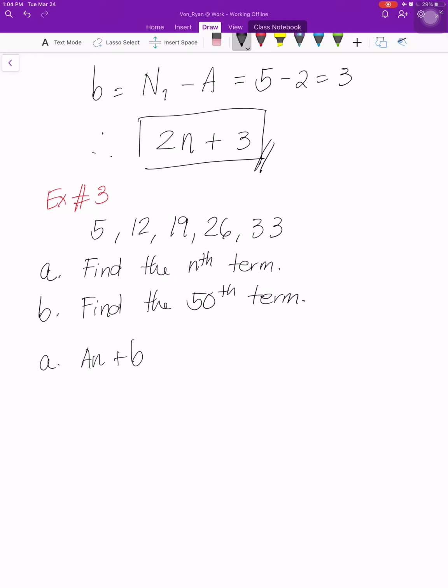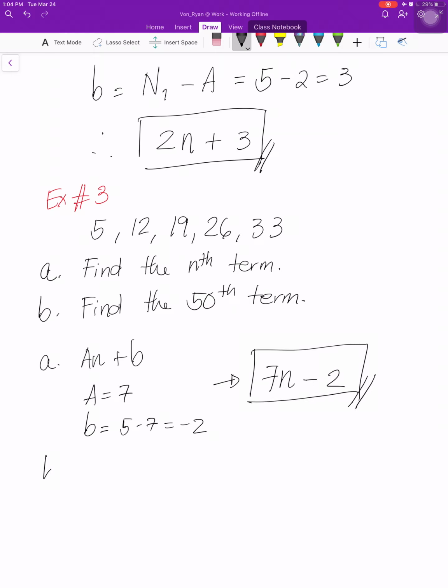A is the difference between the terms: 5 to 12, 19 to 26, 26 to 33. So a is equal to 7. And then b is the first term minus a, so 5 minus 7, which is negative 2. So our nth term is 7n minus 2.